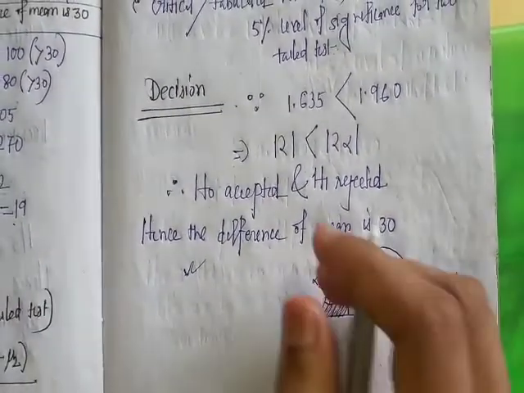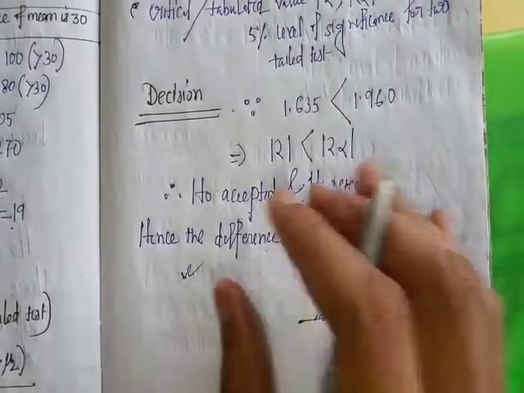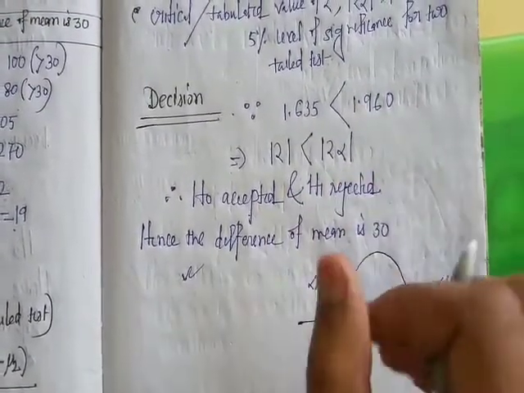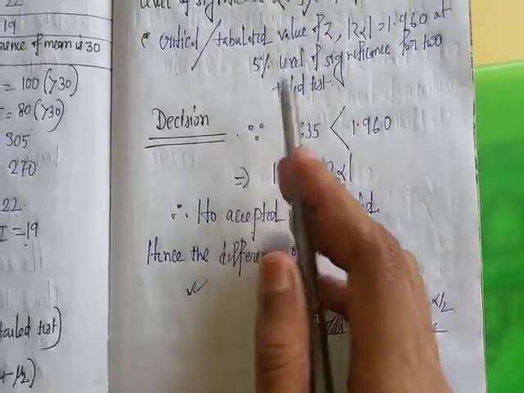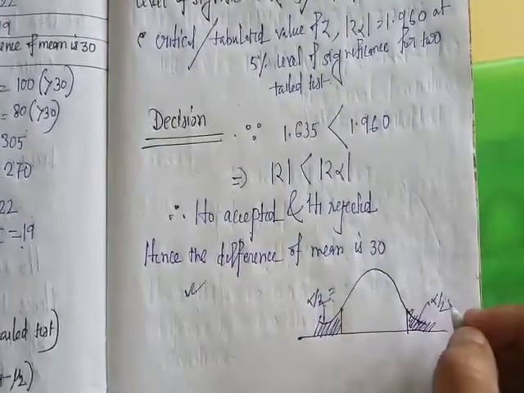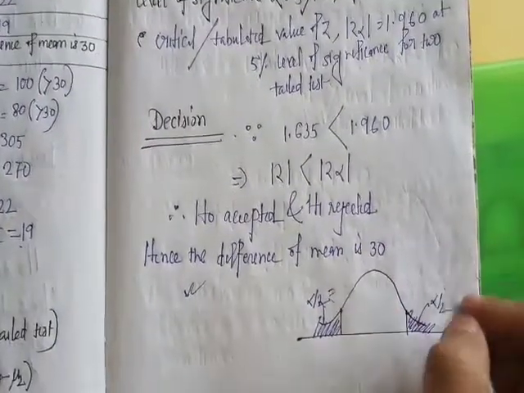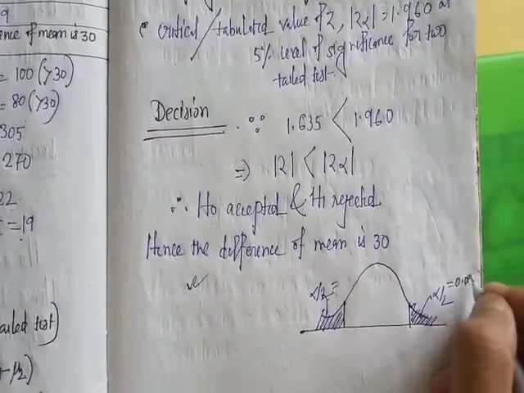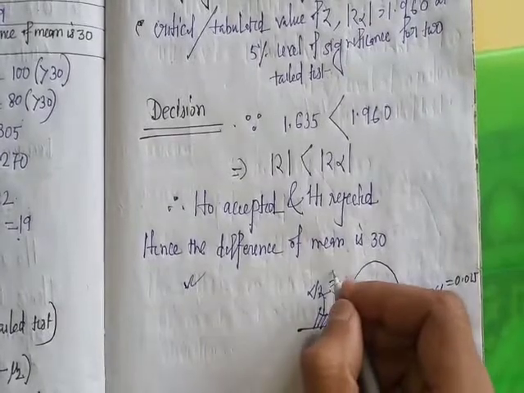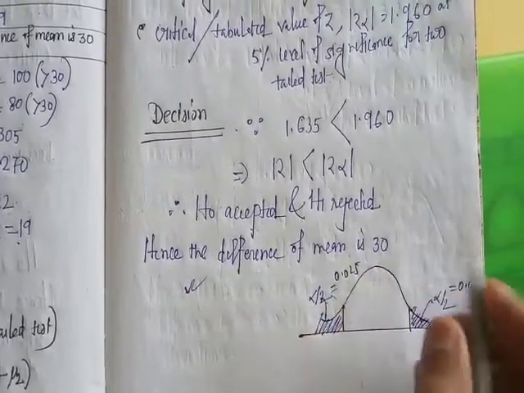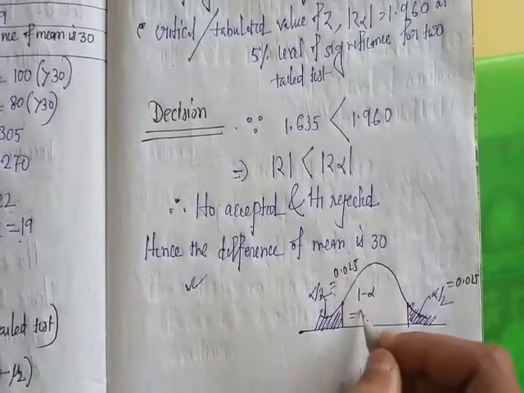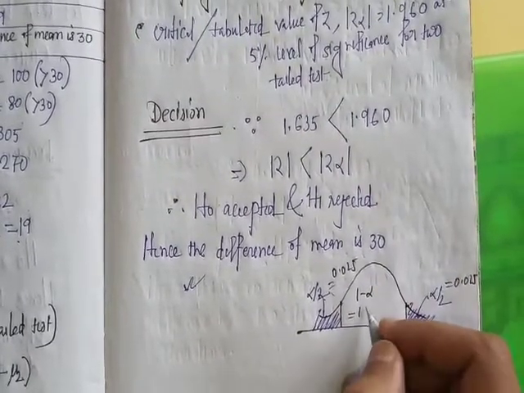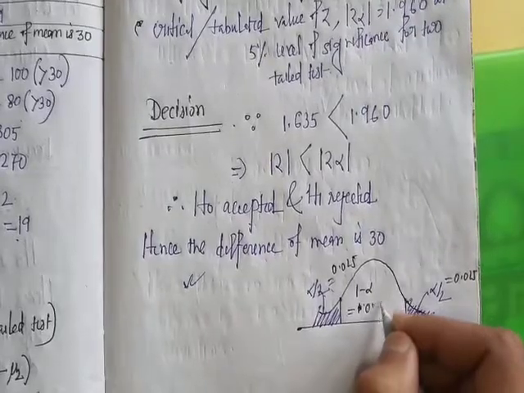So 5% error will occur. Here level of significance is 0.05, so alpha equal to 0.05, alpha by 2 equal to 0.025. The area of the remaining portion is 1 minus alpha, that is 1 minus 0.05, which is 0.95.